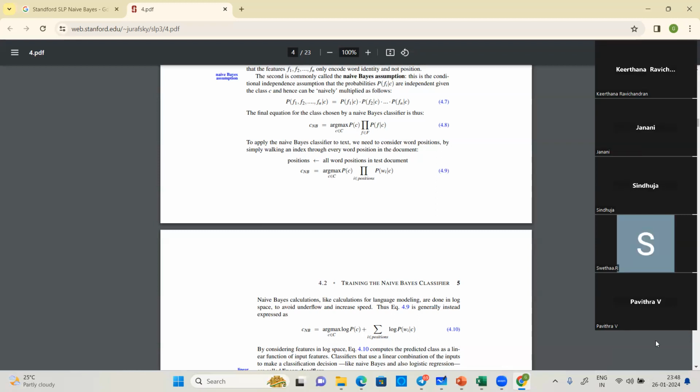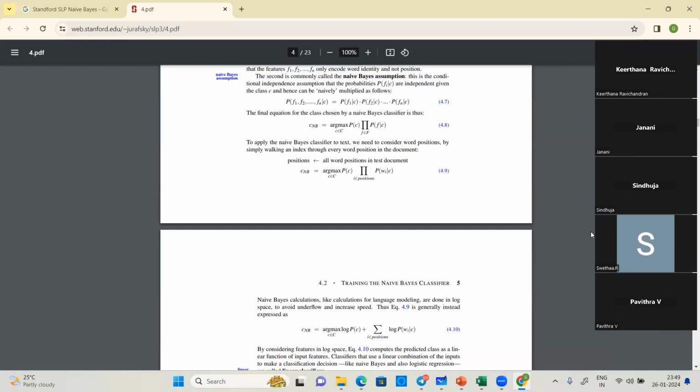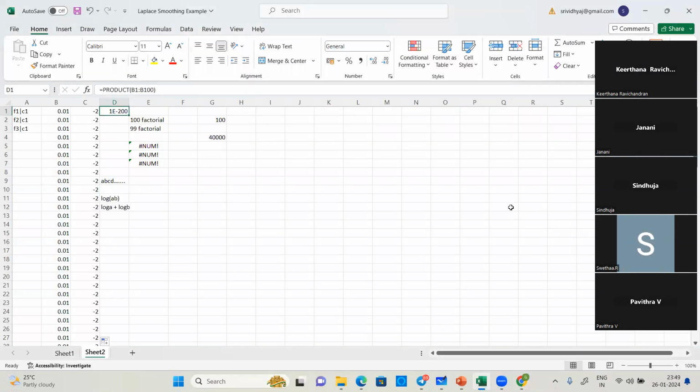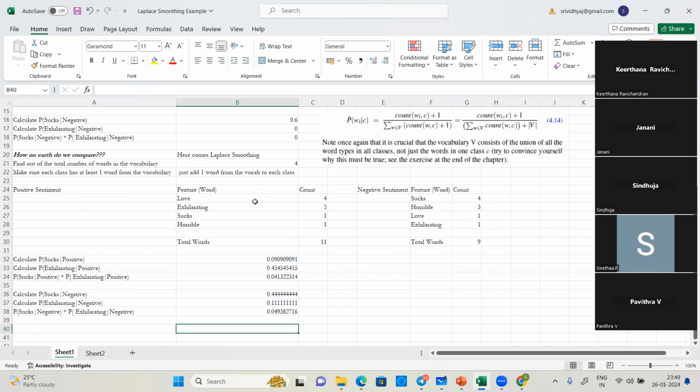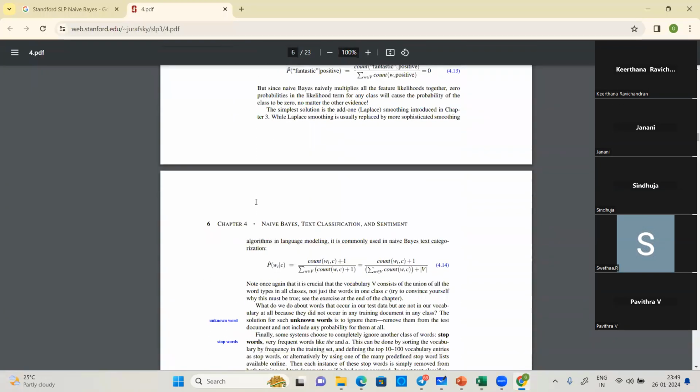Any other question, folks? In the example which you had in the Excel, where you showed the Laplace after adding Laplace, here we have ignored a few words, right? Correct. But in the one which we were calculating recently, we did not ignore. No, we did.